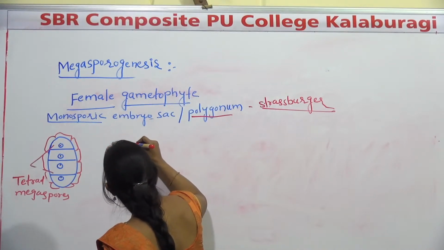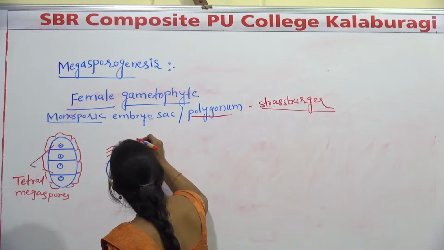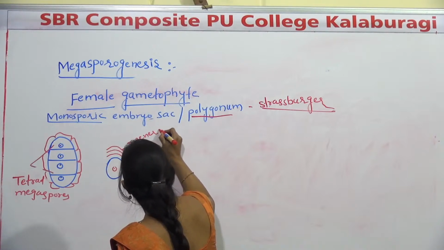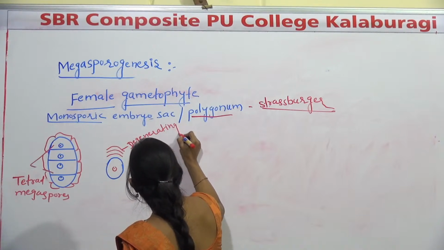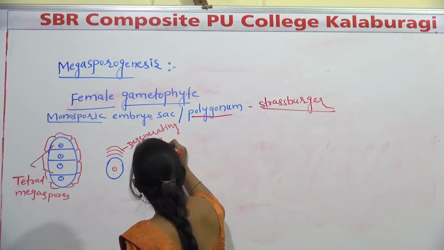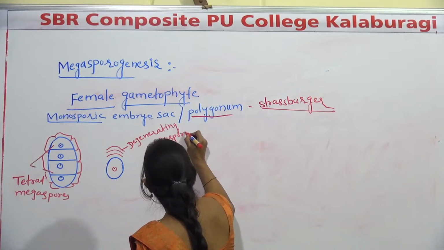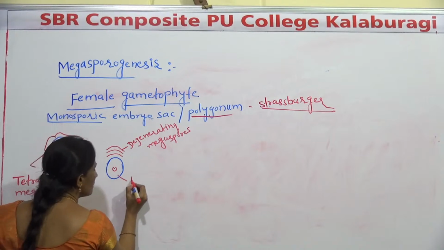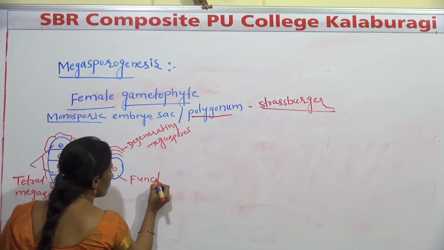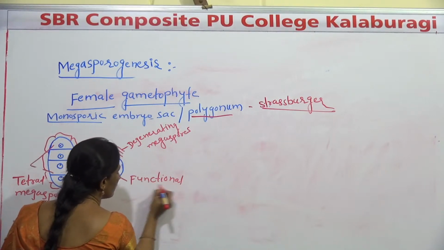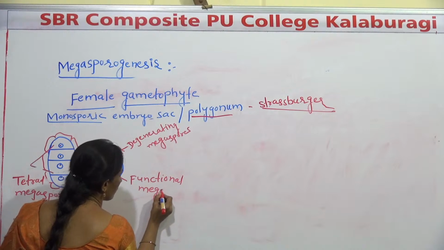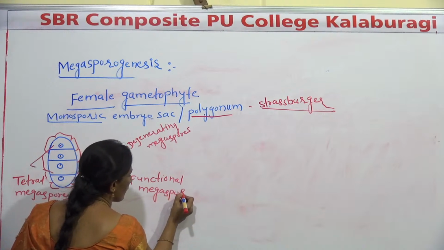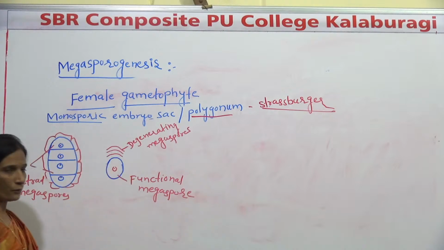These are the degenerating megaspores, and this is the functional megaspore.